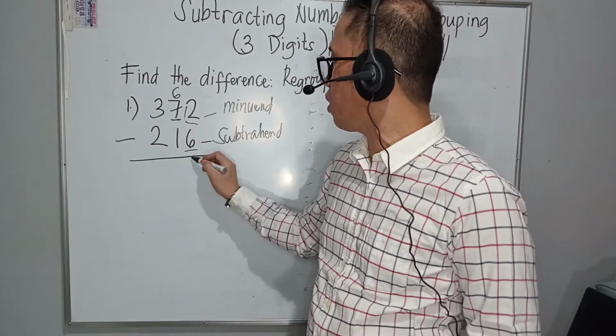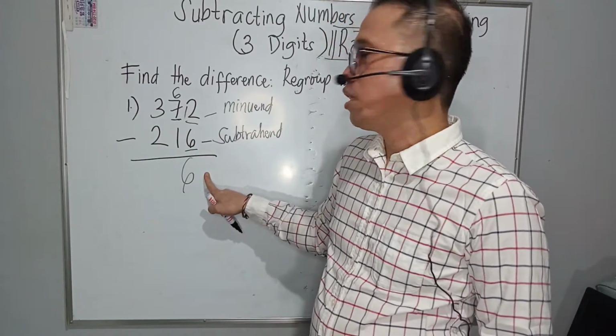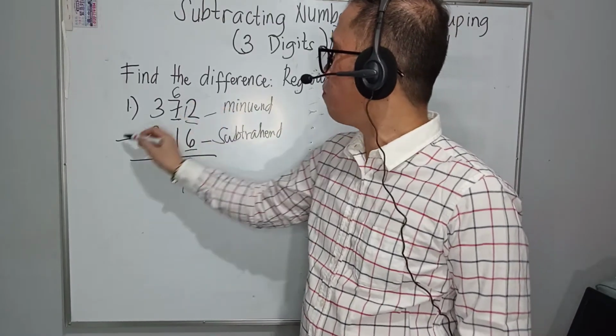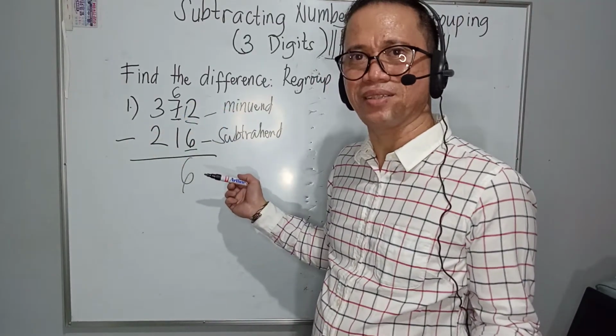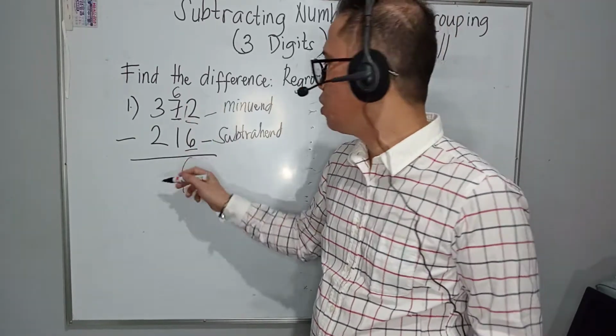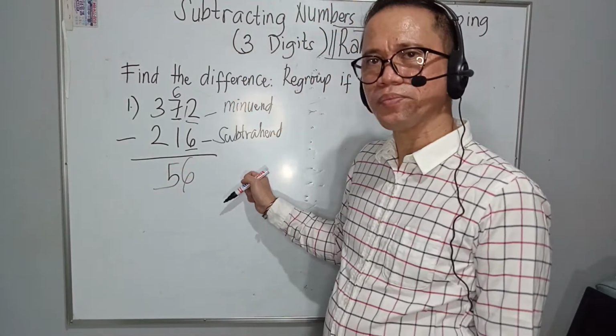We write the answer 6. Please follow, guys. Next, 6 minus 1. It can, right? Because 6 is greater than the subtrahend, which is 1. So our answer here is 5.